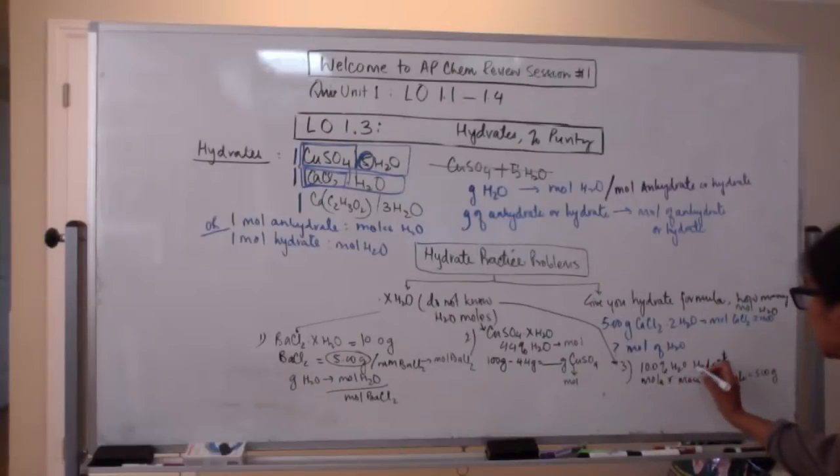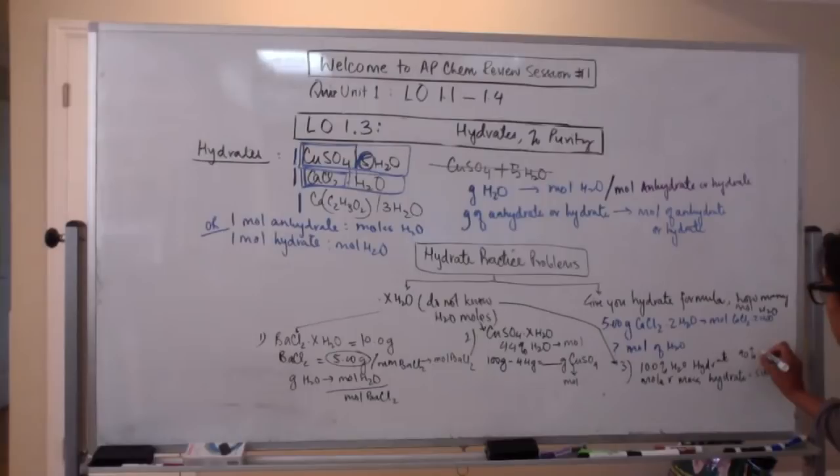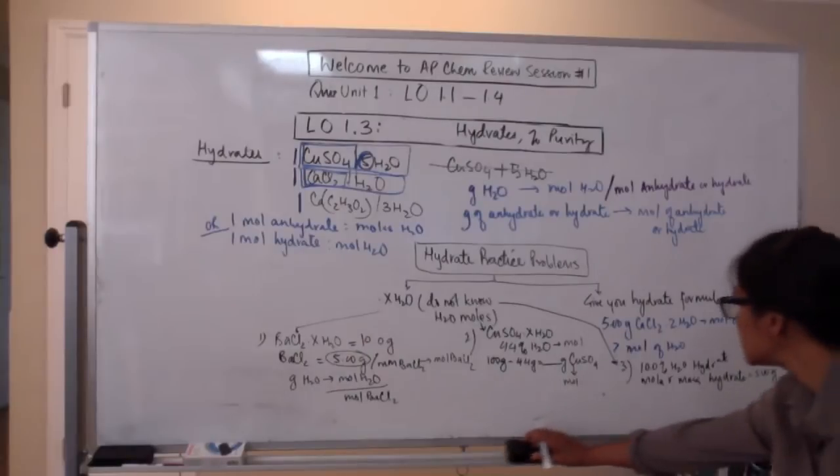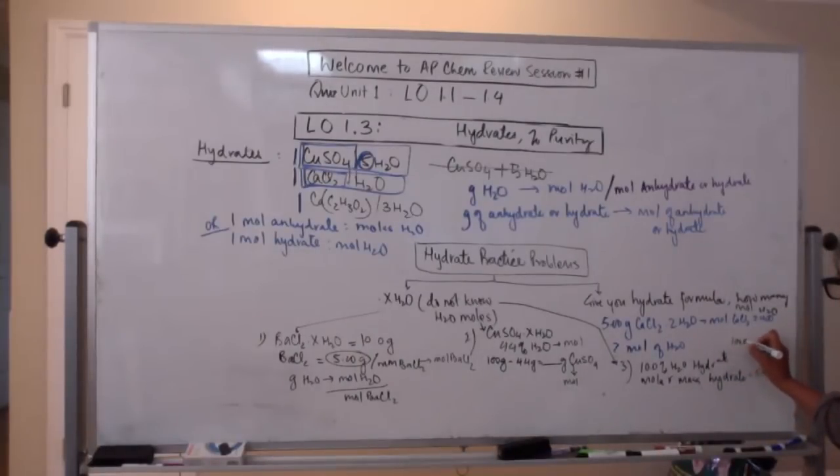You know that if it is 10% water, then there's 90% anhydrate. You actually don't even need anhydrate. You can say in 100 grams of hydrate, there is 10 grams of water. So in 500 grams of hydrate, how many grams of water will be there?